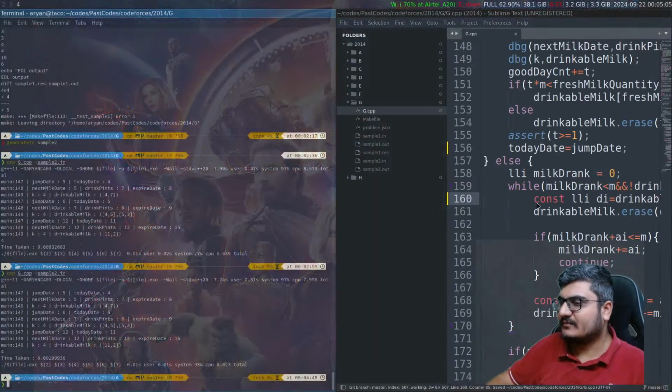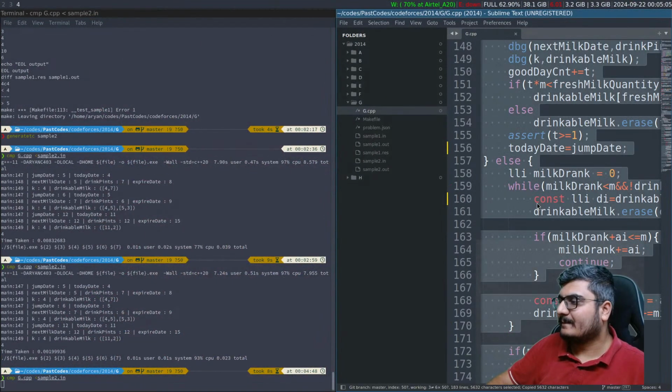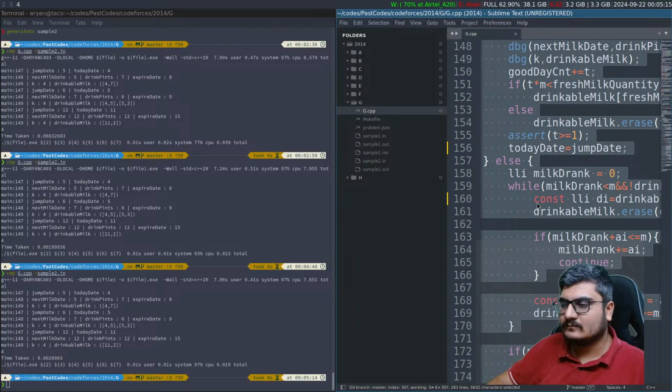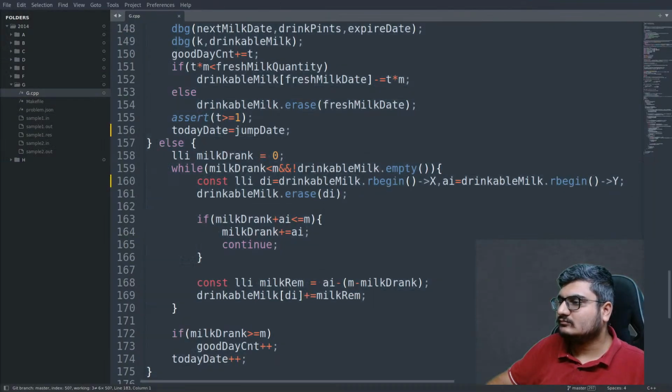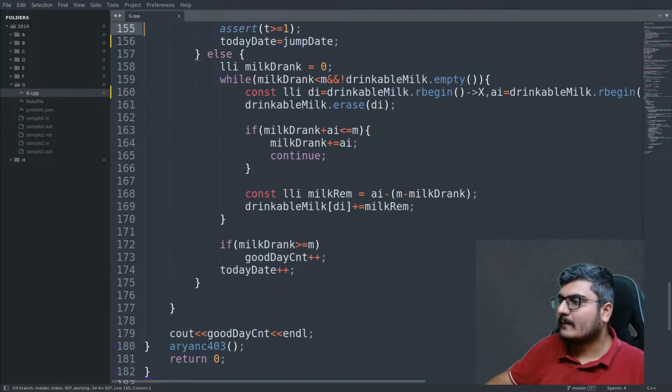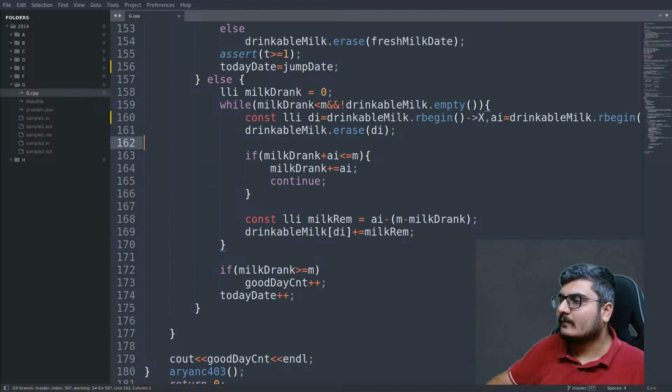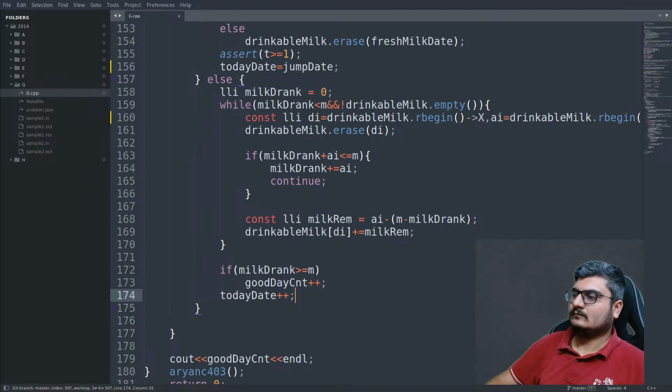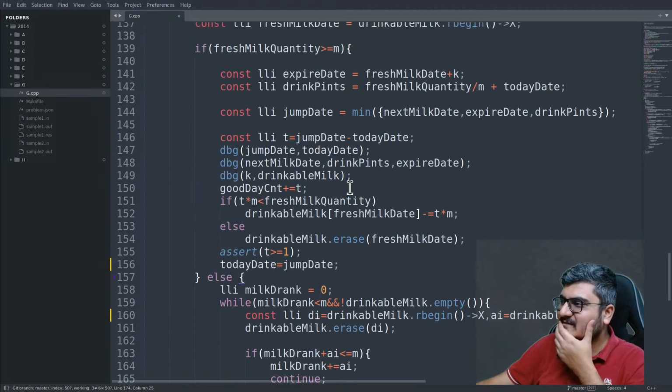We should always bring the fresh milk. Okay, one second. Does anyone see the bug here?